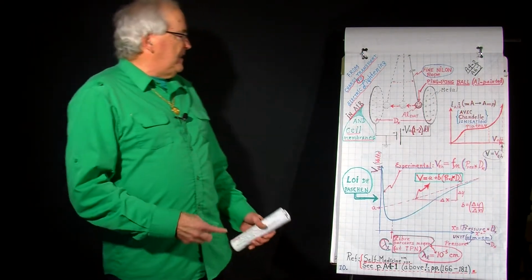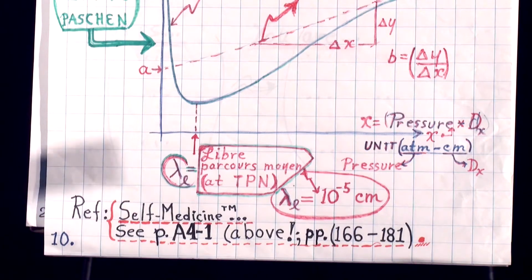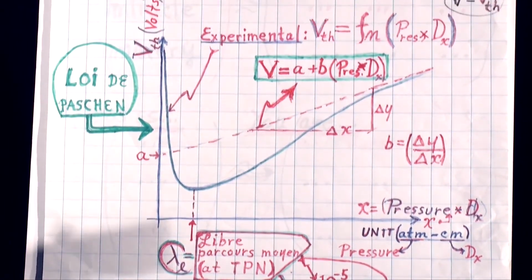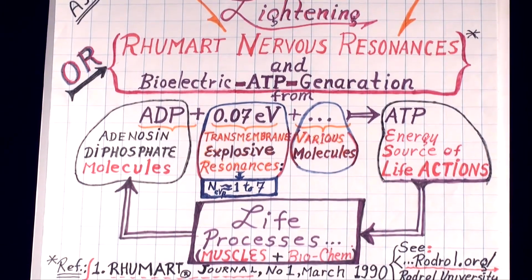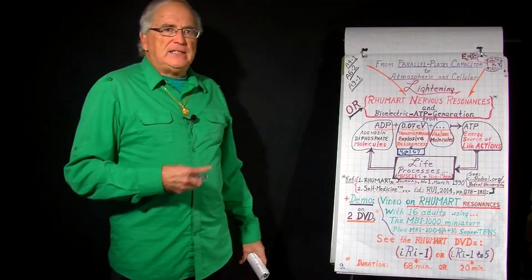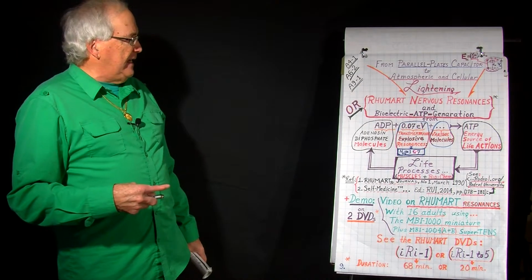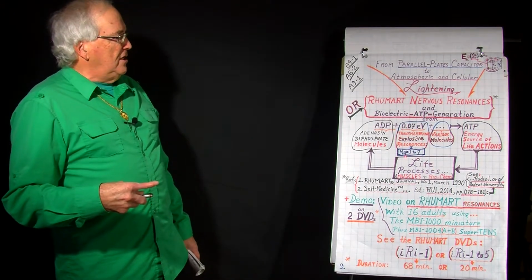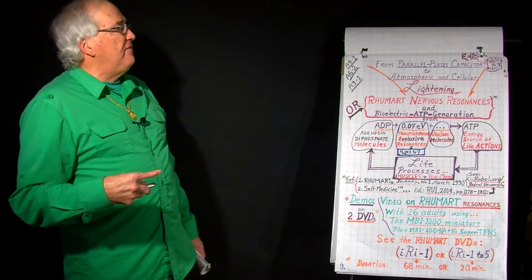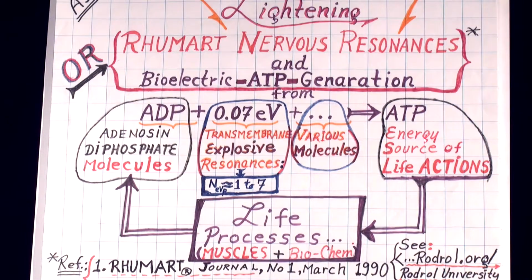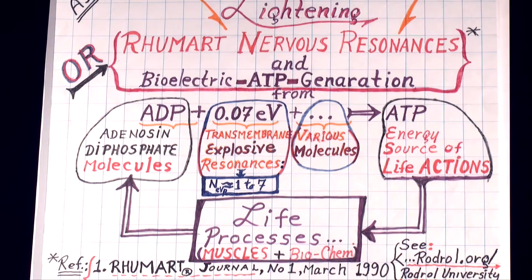I think I've covered the essentials to show you that these resonance impulses not only act to relax the nervous system, but are even involved in the production of ATP, which is a basic molecule producing energy in your muscle and in your system.